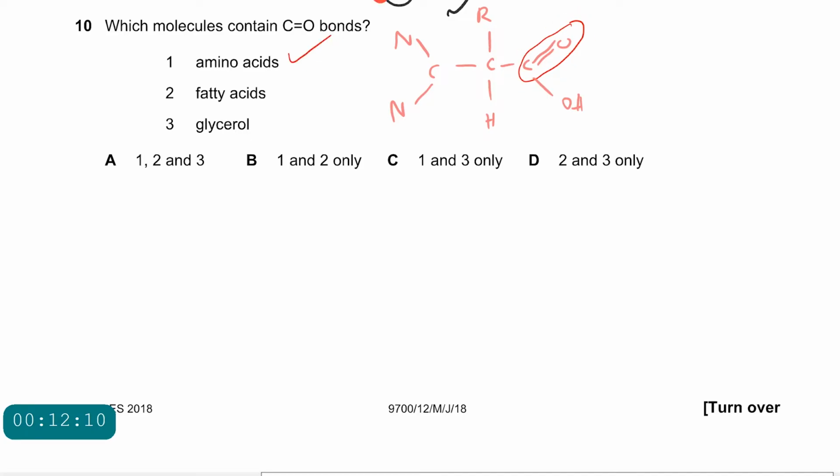Therefore, this is correct. For fatty acids, because here it says acids, then it must contain a C double bond O group. Therefore, it is correct. For glycerol, it's an alcohol, so it does not contain a carbonyl group. Therefore, the correct answer is B.